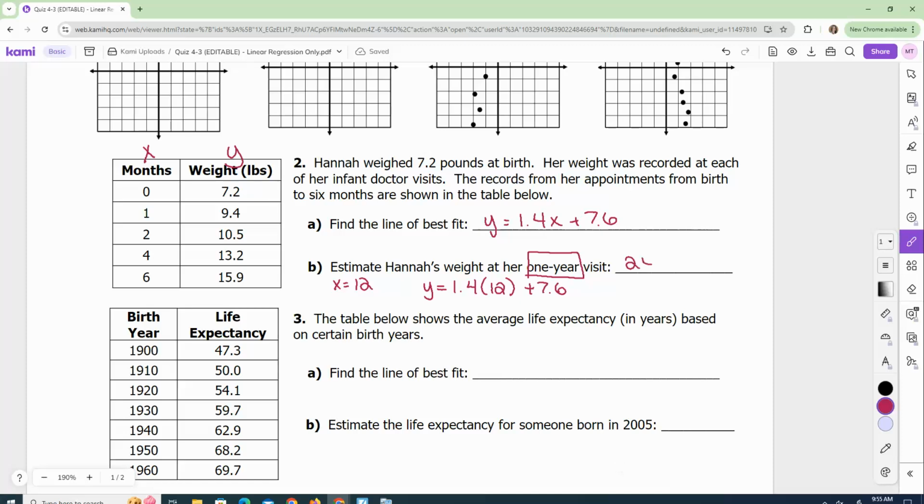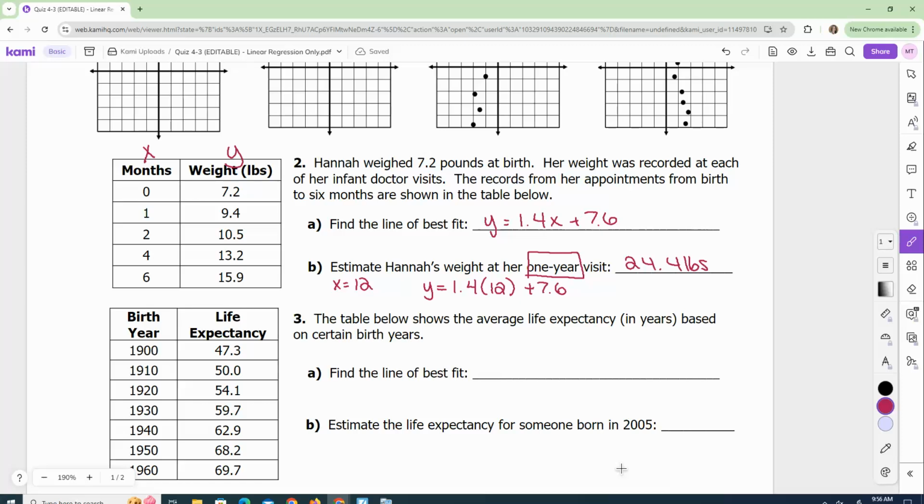And I get 24.4 pounds for her weight. Is that okay with everyone? Okay, so if you have a question like that tomorrow, you guys can all answer that one. Get your equation and go from there.